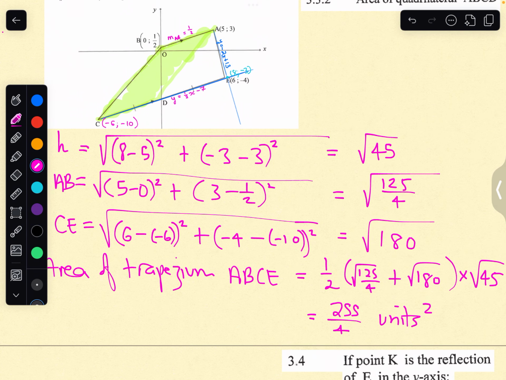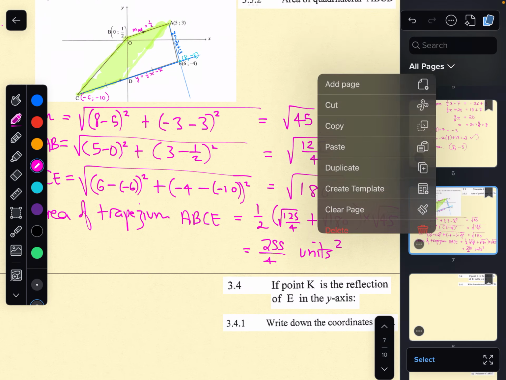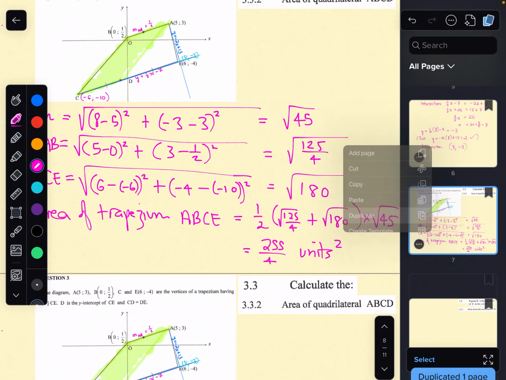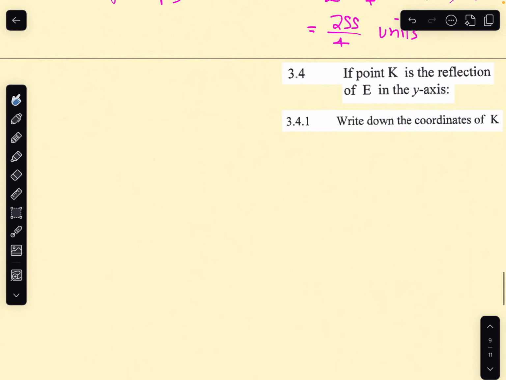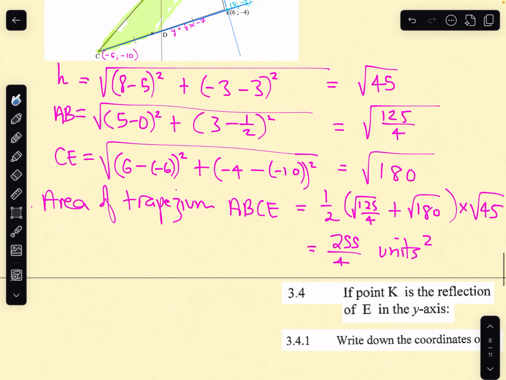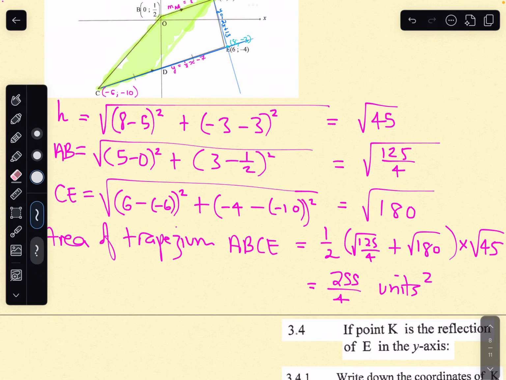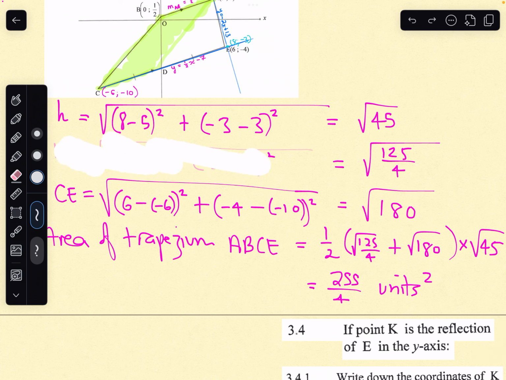Yes. Okay, and then now we want to work out the area of the triangle. So, let's duplicate this page. Just leave that there because we're going to need it.